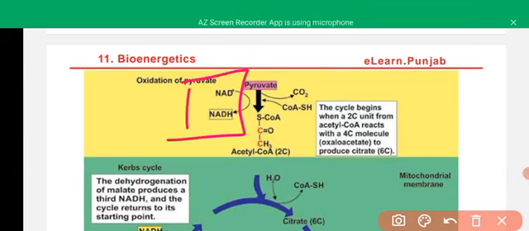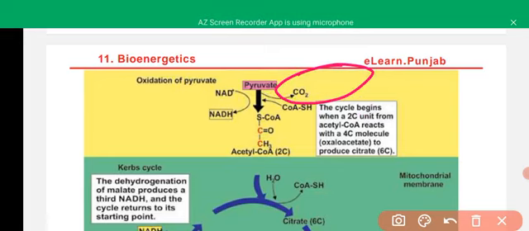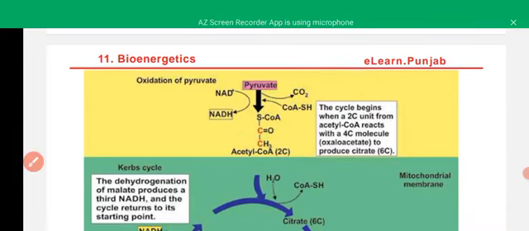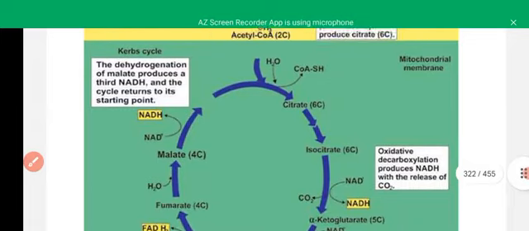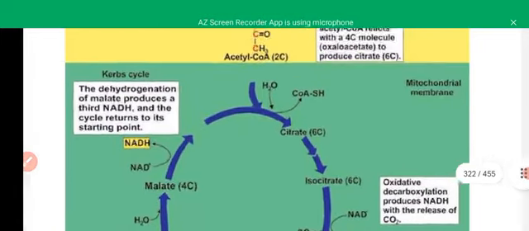The cycle begins when the two carbon units from acetyl coenzyme A react with the 4 carbon molecule oxaloacetate to produce citrate. There is also the decarboxylation of the pyruvate, so it is left with only 2 carbon atoms, and this 2 carbon acetyl coenzyme A reacts with our precursor substance, which is oxaloacetate.